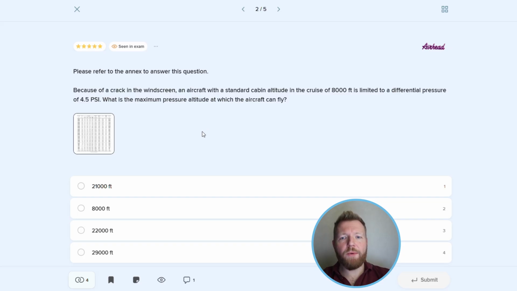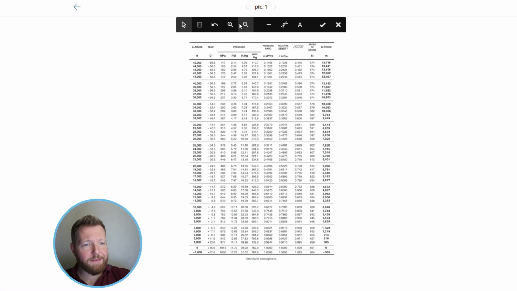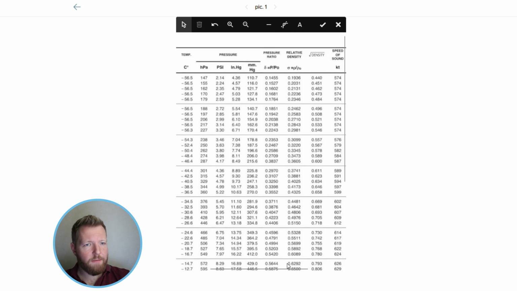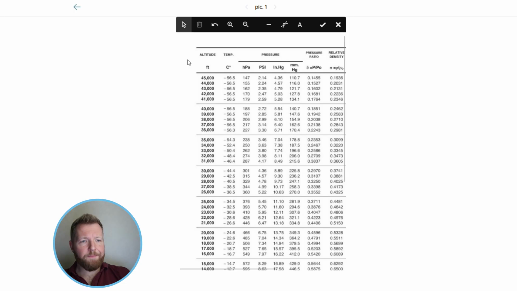Okay, we know that we are limited to a differential pressure of 4.5 psi. What we need to do first is to check how much psi we have in our cabin. To do so, let's open the table in the annex. Okay, as you can see, here on the left, we have the pressure altitude.